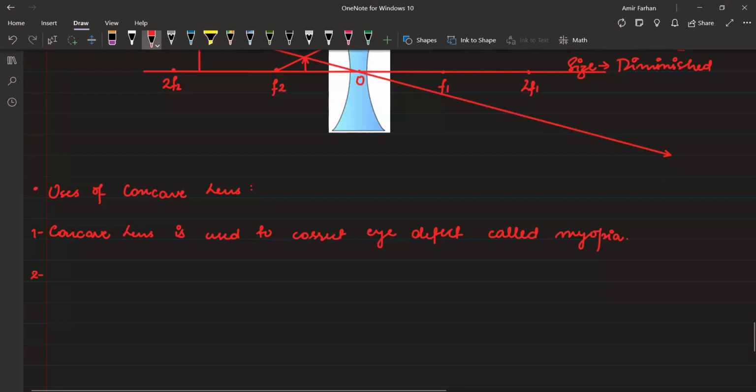The next thing is this: the concave lens is used in the Galilean telescope.